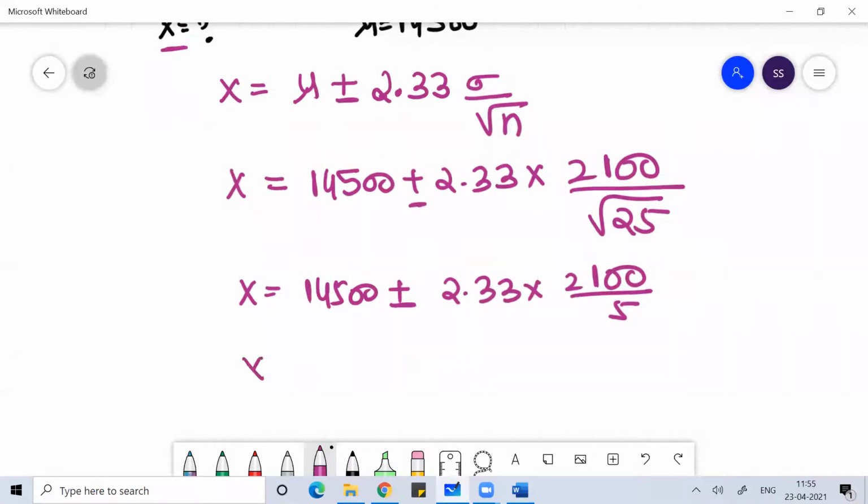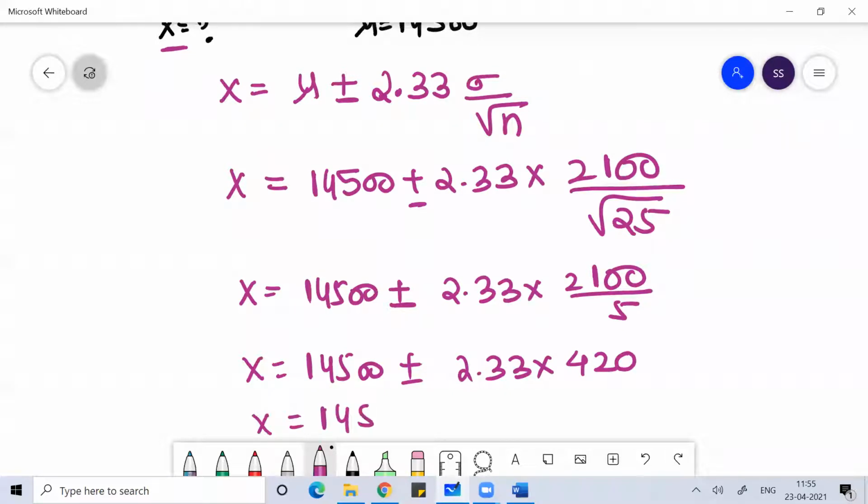So I can say x is equal to 14,500 plus or minus 2.33 into, this is what, 420, right? So x is 14,500 plus or minus 2.33 into 420.